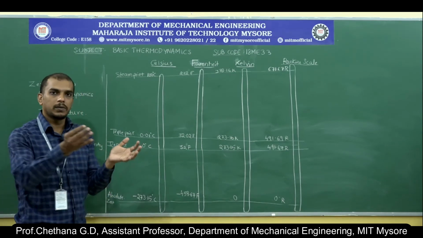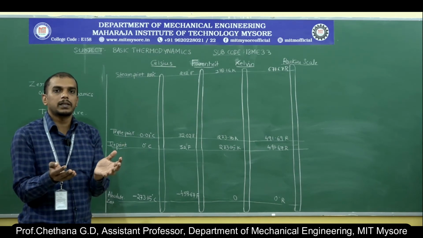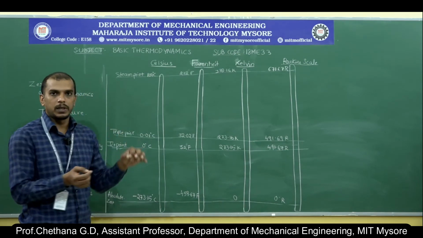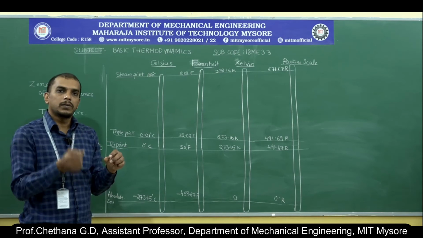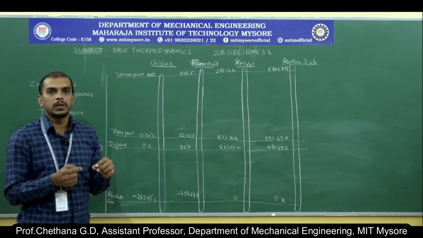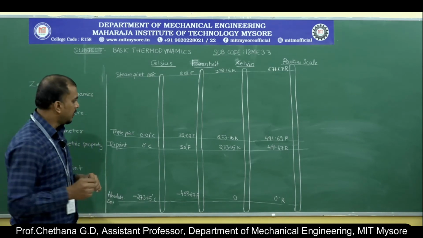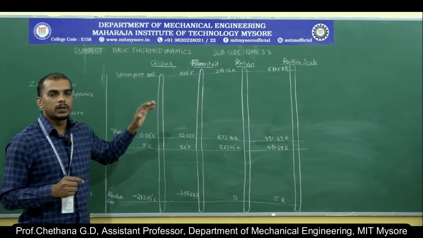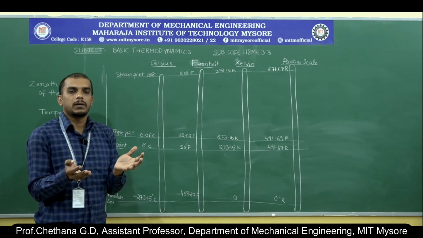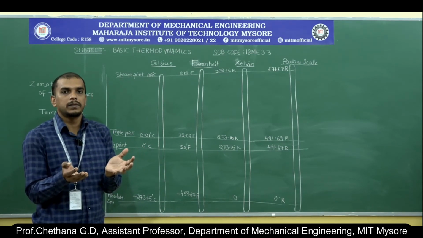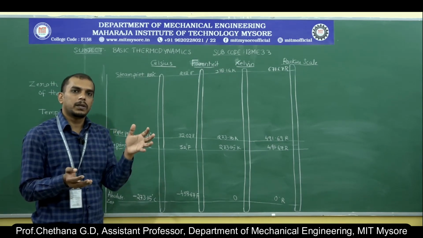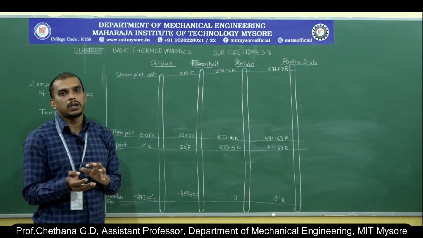So, he took the mixture of pure ice and liquid water in equilibrium, kept his thermometer in there, and let us say if it is a mercury thermometer, whatever length it showed, he marked it as 0. Then the same thermometer he took into a steam point, the boiling water, where liquid water and water vapor are in equilibrium at 1 atmospheric pressure.